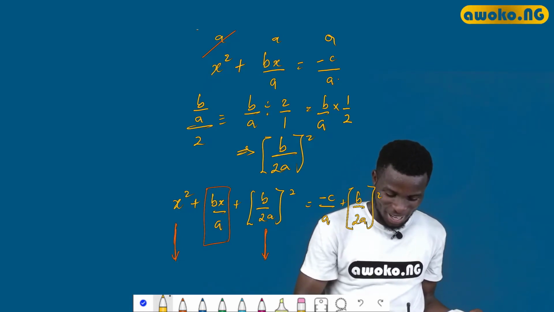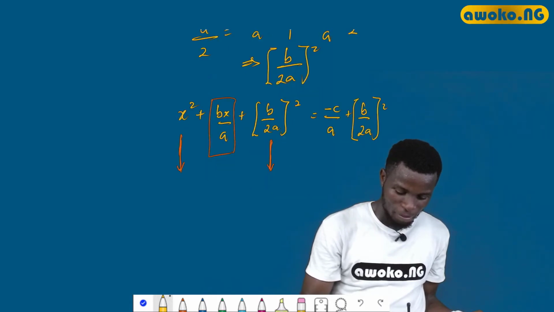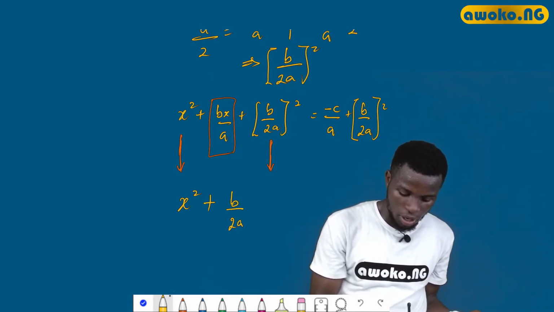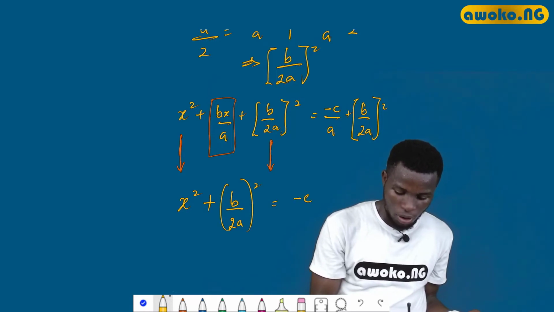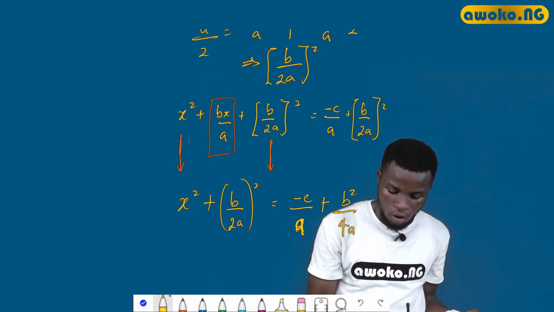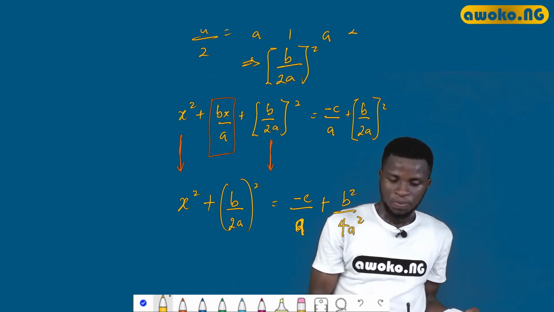How do we do that? It is very, very simple. We are going to have x plus b over 2a all squared equals minus c over a plus, if you open the brackets, b squared over 4a squared.